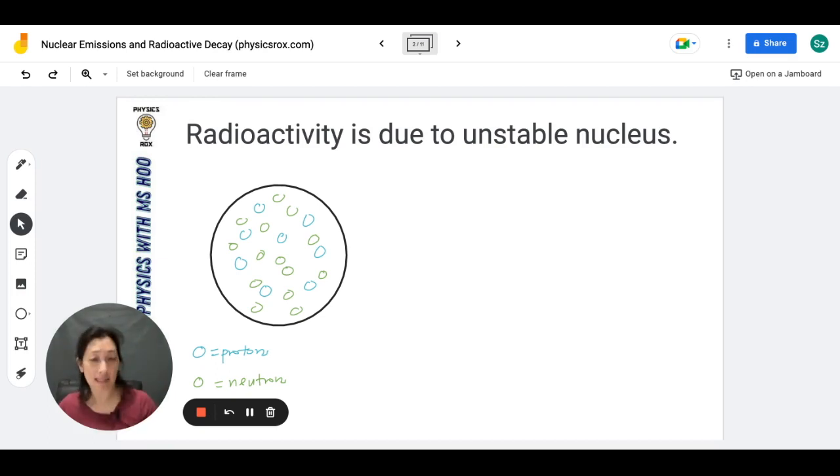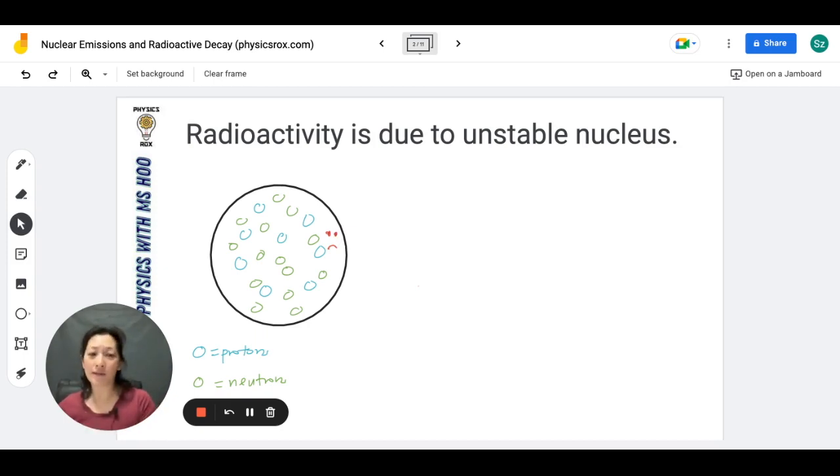In most cases, many of the nuclei are unstable because there are too many neutrons. So it's too heavy. There are too many things inside, and the number of neutrons is not exactly the correct number, so that it becomes unstable. So when it's not stable, what happens is this particular nucleus will find a way to become more stable.